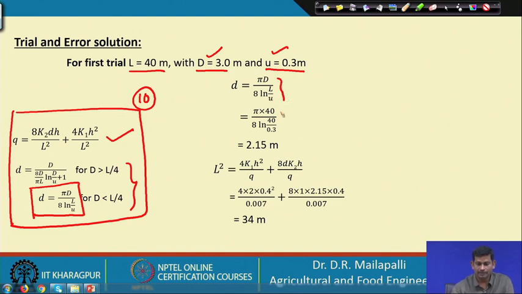So, you are going to find out small d. So, pi into L, 40, by 8 ln. Okay.